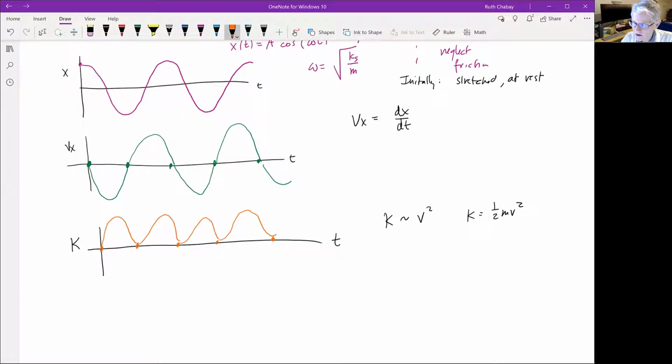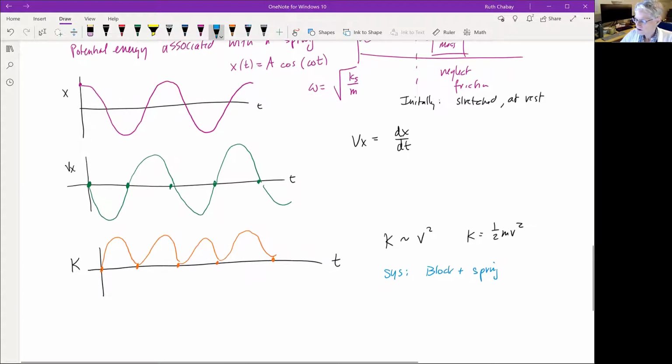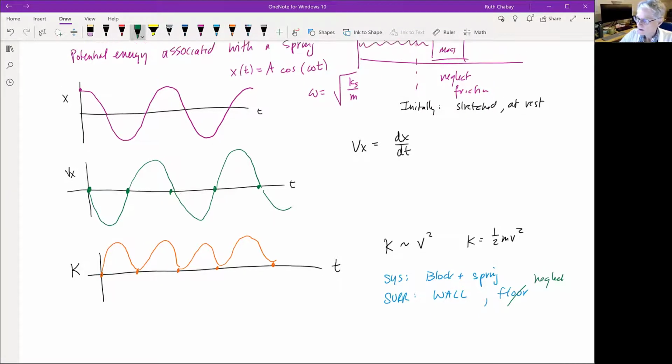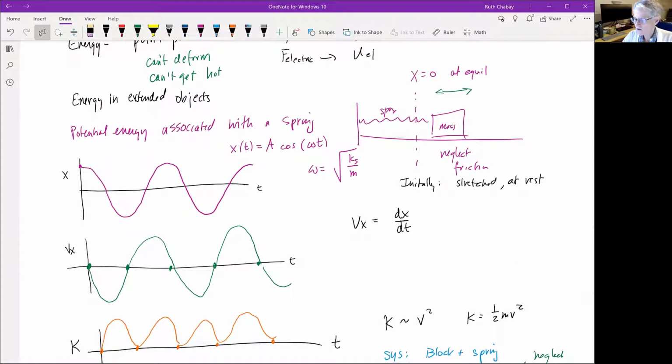But if we consider the system as the block plus the spring, then actually nothing in the surroundings is going to be doing work except the wall that it's attached to and the floor. Okay, we said that there was negligible friction, so we can neglect that. The wall is certainly exerting a force on the spring.